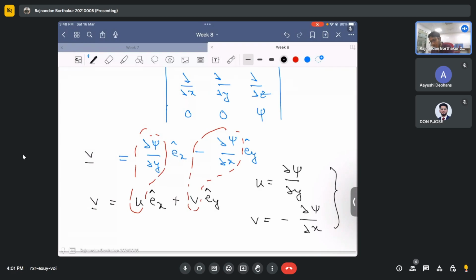Okay, so I think you are just familiar with this relation, but actually the stream function vector has its own direction, in the ez direction, if we are trying to solve it in a planar system in the xy plane.